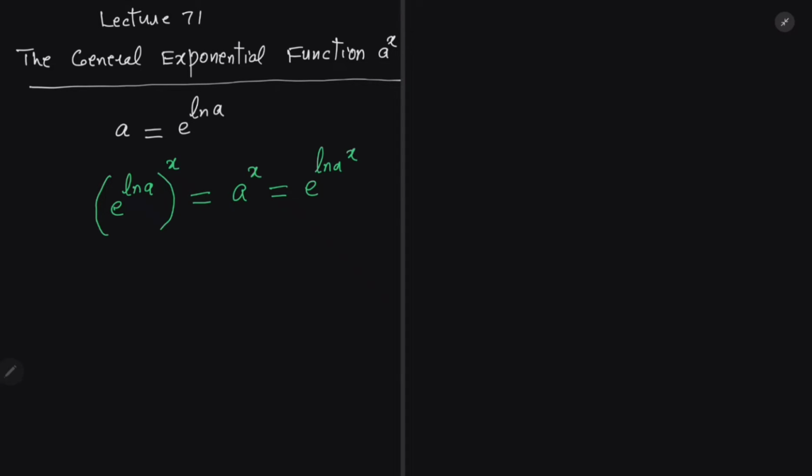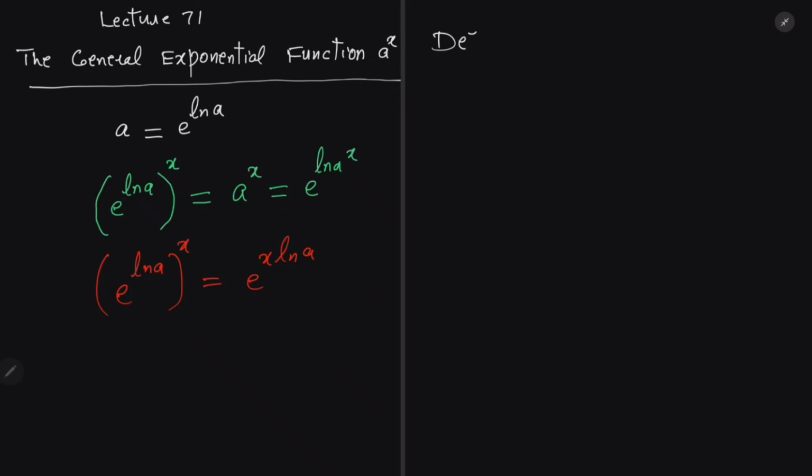So we have e raised to power natural log of a, raised to power x, is equal to e raised to power x natural log of a. So these are equal to each other. This is a very important result. Sometime in future, we can write a raised to power x as e raised to power x natural log of a.